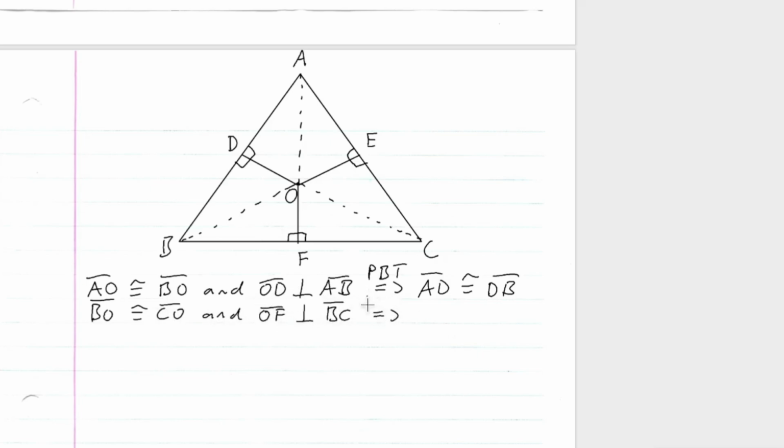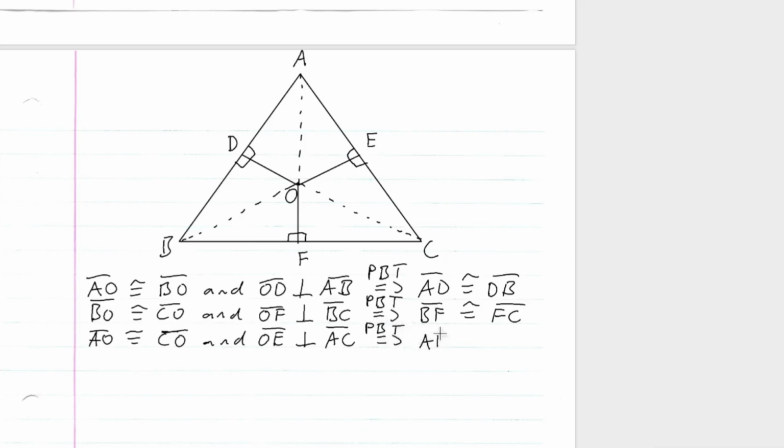So this implies, by the perpendicular bisector theorem, that BF is congruent to FC. And then lastly, we have AO is congruent to CO, and OE is perpendicular to AC. So this implies, by the perpendicular bisector theorem, that AE is congruent to EC.